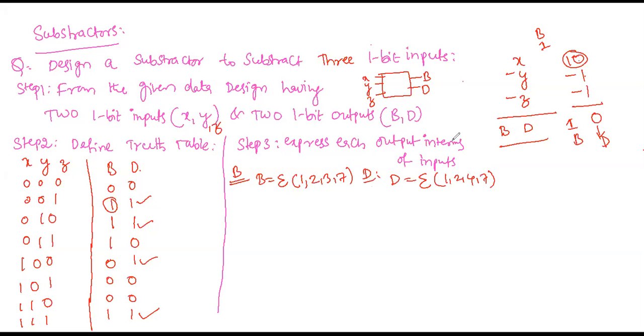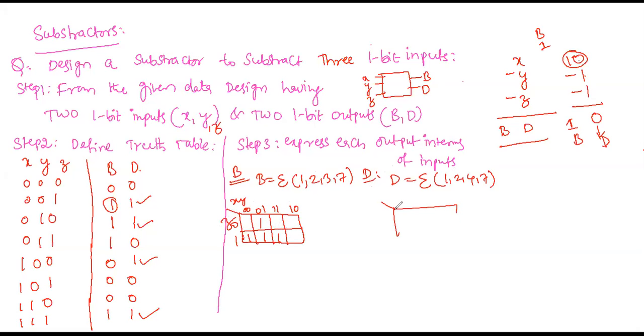Now use a 3 variable K-map for the solution. X, Y, Z, 0, 0. Wherever the minterms are present, keep 1: 1, 2, 3, 7.